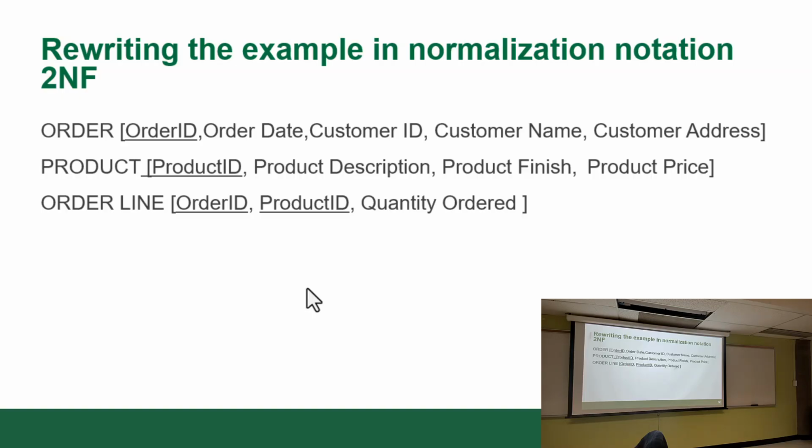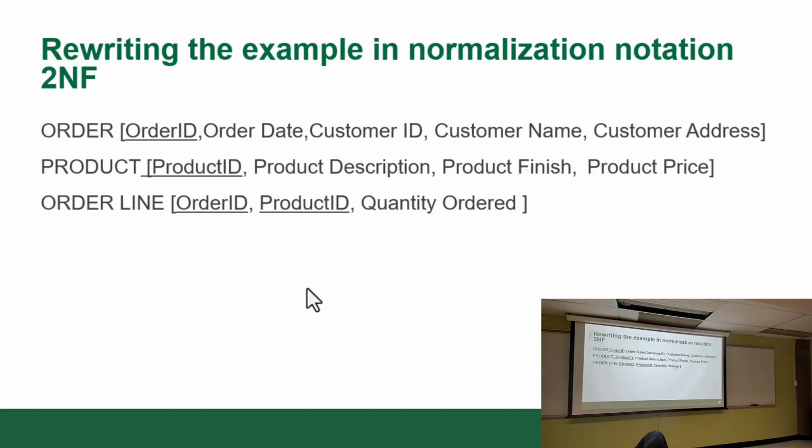At this point, if we need to update anything, we only need to do it in one place. There is still a problem. That's why it's only second and not third normal form. Now, this is in third normal form. This one's in third normal form. Order is not in third normal form, and we're going to discuss that in a moment.